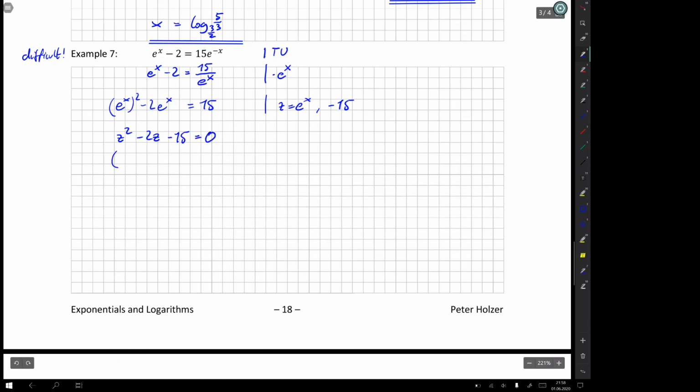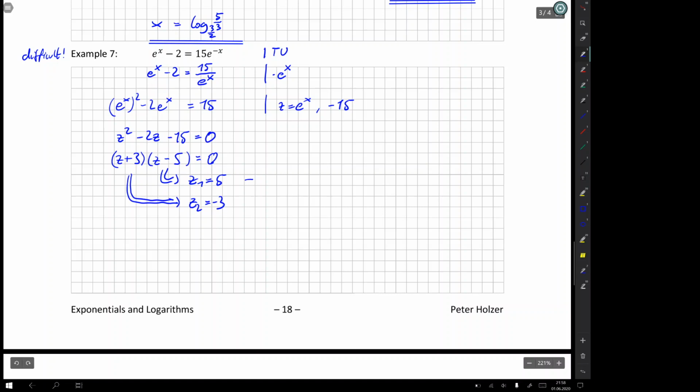Well, this you should be able to solve using factorization. We see it's z plus and z minus. The product has to be 15, the difference 2, so it's 5 and 3, and to be minus 2 in the end, we have to have z plus 3 and z minus 5. So we get z1 is 5, z2 is minus 3.